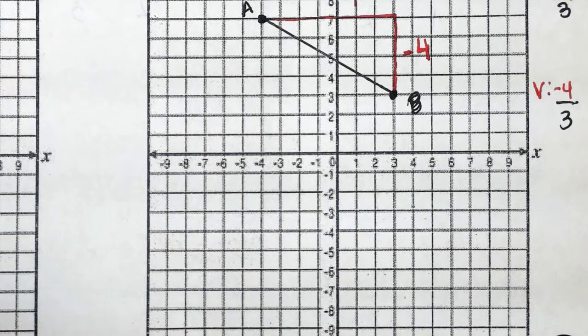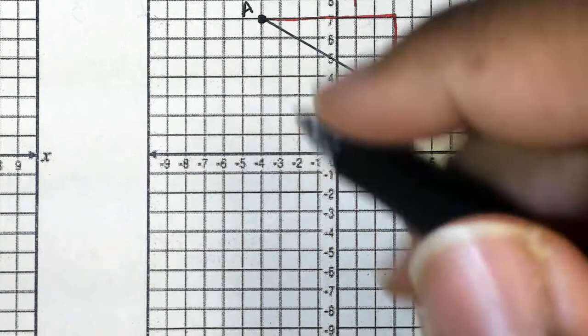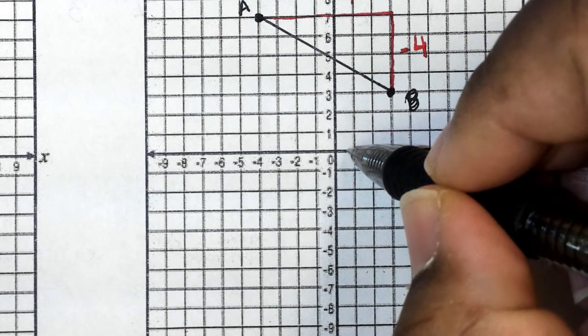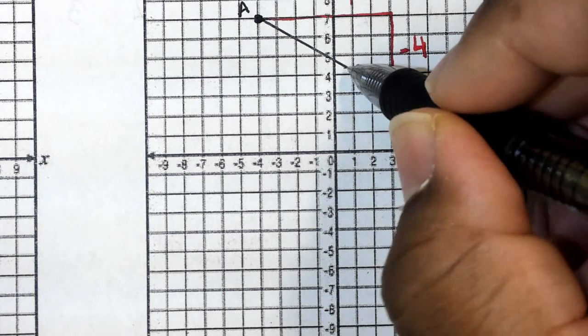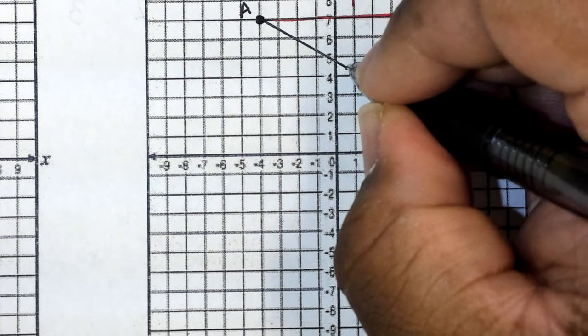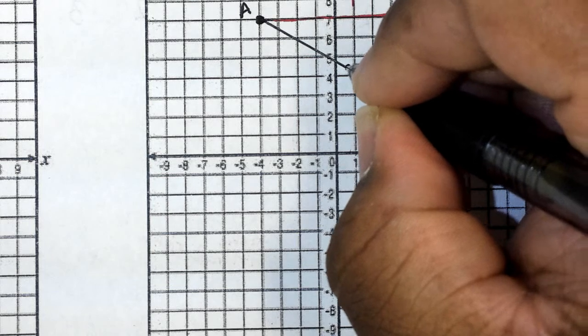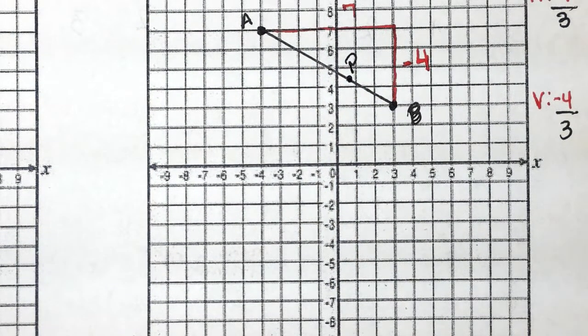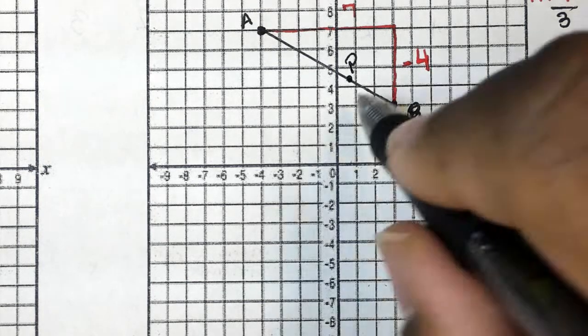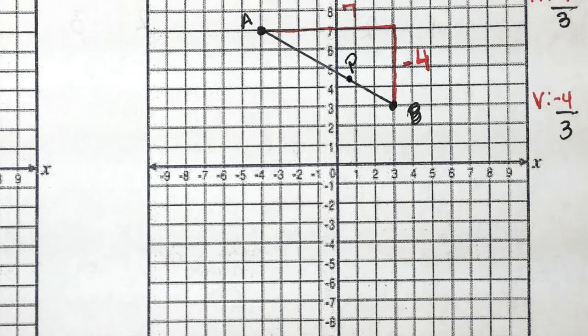And 13 divided by 3, 4.3. So they're saying the point is about right in here somewhere. It's where that partition point is. Like at 0.6, 4.3, something about right there. But it's definitely a decimal. And it's nothing we can accurately put on the graph. You have to do it on paper.